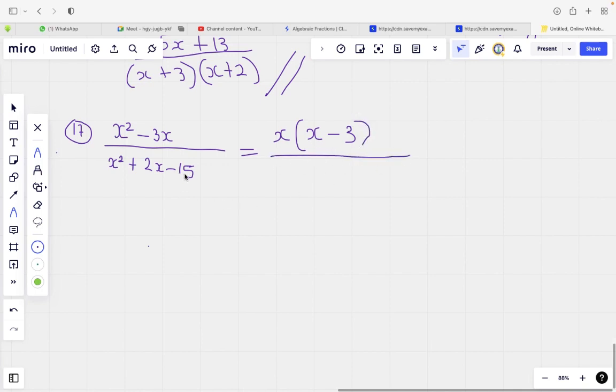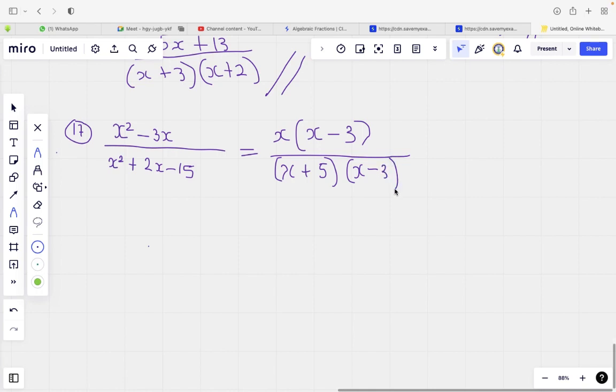For the denominator, two numbers which multiply to give 15 and add to give plus 2 are 5 and negative 3. So you say x plus 5 in one bracket, and x minus 3 in another bracket.